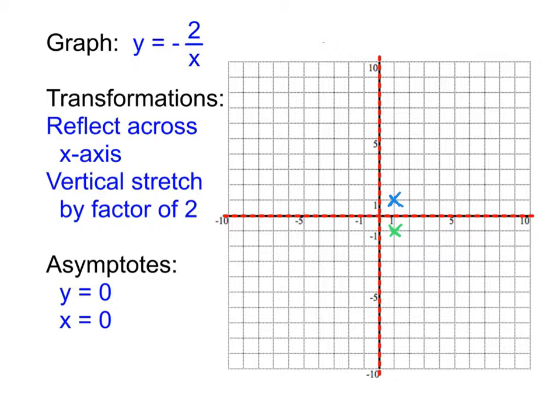I flipped it upside down. So up 1 became down 1. But then that's not the only thing. We're also applying a vertical stretch by a factor of 2. So instead of down 1, I'm now going to go down 2. Going down twice as far. And so then this is actually where my first point goes. Over 1 and down 2.